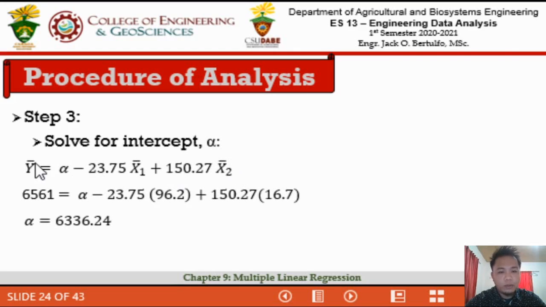Remember, it is the mean that we use here, not the observed values. You already calculated these values. Then you can calculate that alpha is 6,336.24. So that's the value for alpha.